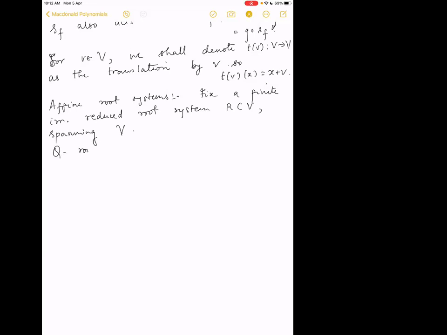Q is the root lattice, P is the weight lattice, Q check is the co-root lattice, and P check is the co-weight lattice.